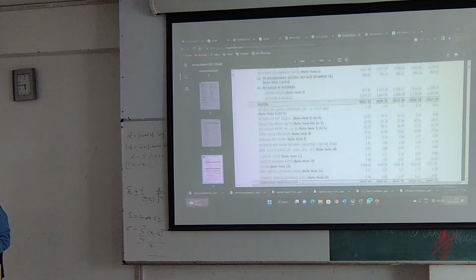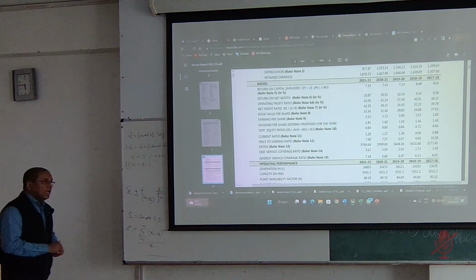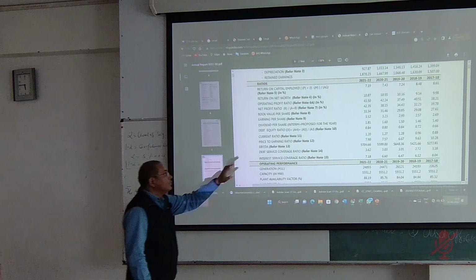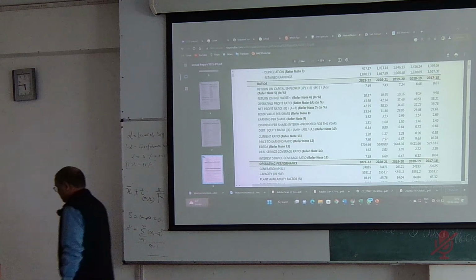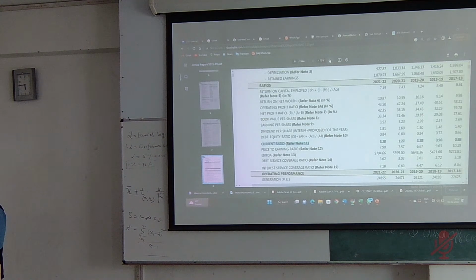So here the various ratios are available to you, and I think the first ratio which we had viewed was the current ratio, right? Here in the current ratio, if you see the case, the current ratio has kept on increasing, right?